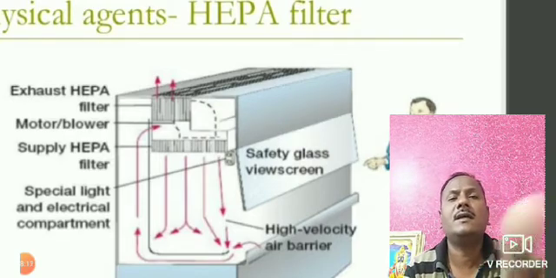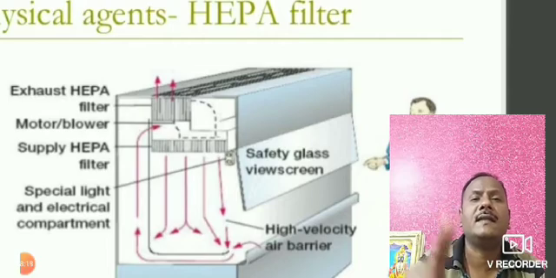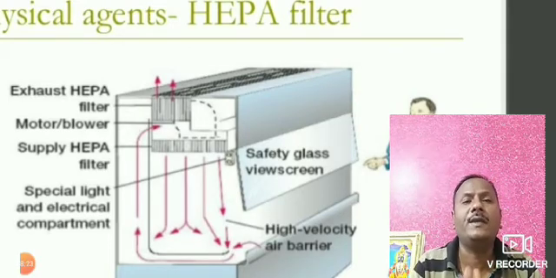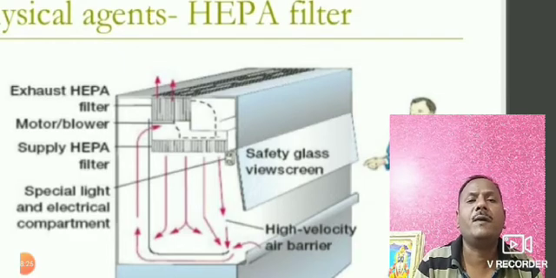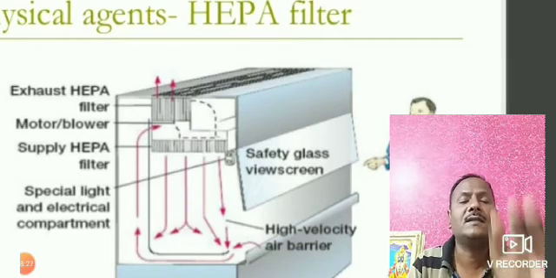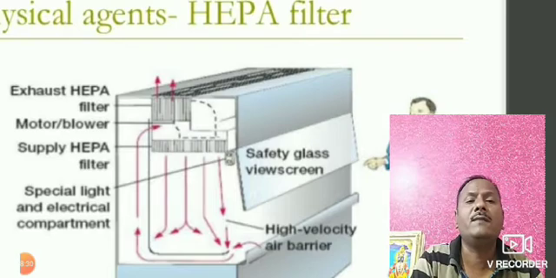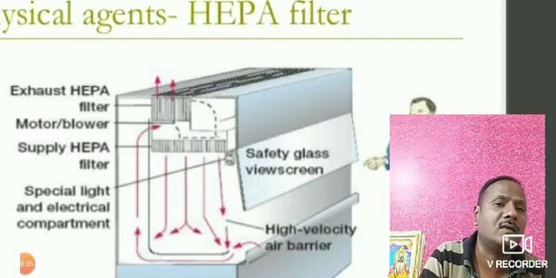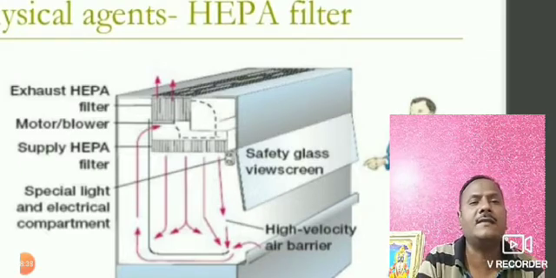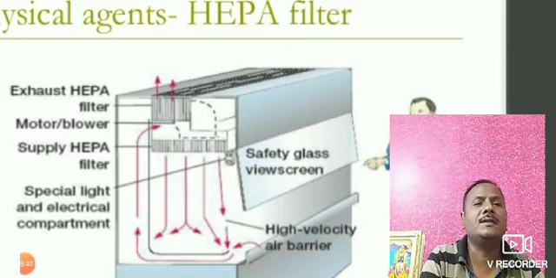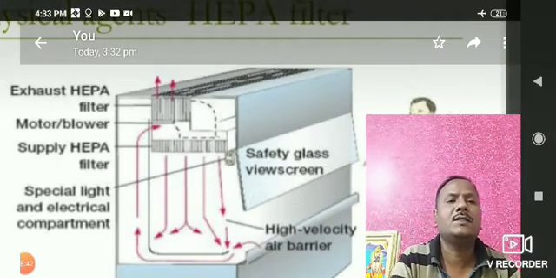Exhaust HEPA filters are adjusted on the upper side. The motor blower, due to which the air is blowing inside, and the supply HEPA filters are adjusted just between. A special light and electrical compartment is adjusted on the front side. Safety glass, view screens, and a high velocity air barrier.